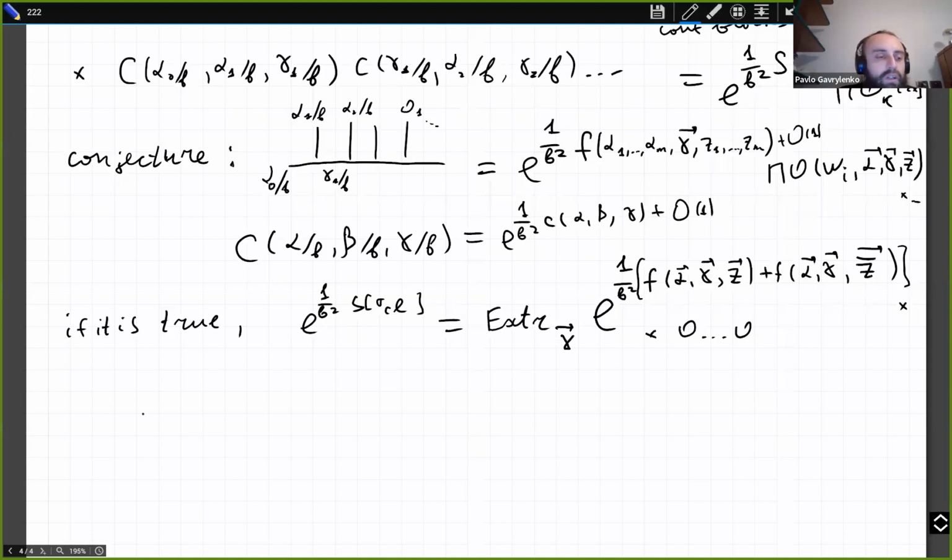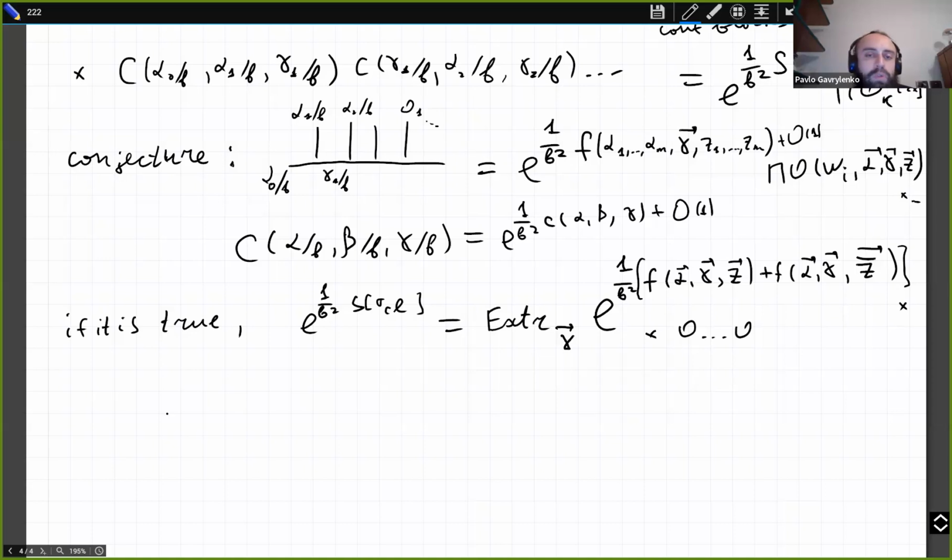And I do not know in which cases this conjecture is proved, starting from some explicit formulas for conformal blocks, but in principle, it is clear that it is true.